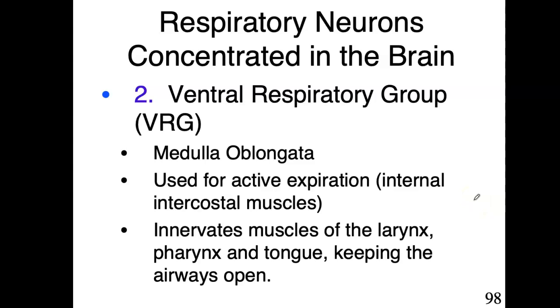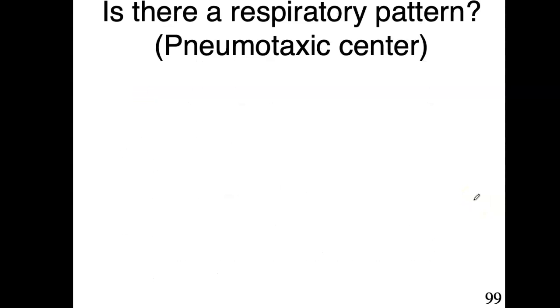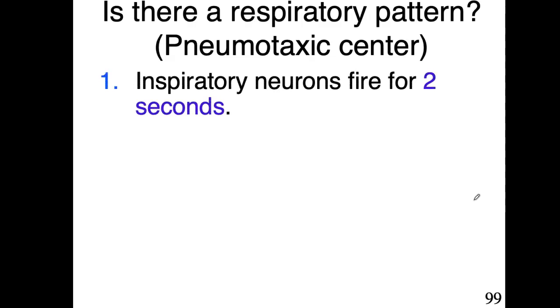So we've done DRG, VRG, and the last one is the pneumotaxic center. Think of your pattern of breathing. There is a rhythmicity to it. There is a pattern. You breathe in for how long, you breathe out for how long, and without thinking of it, that's what you're doing. The inspiratory neurons fire for about 2 seconds.